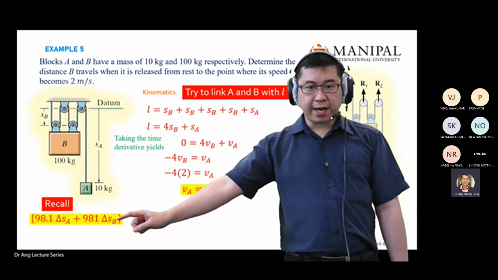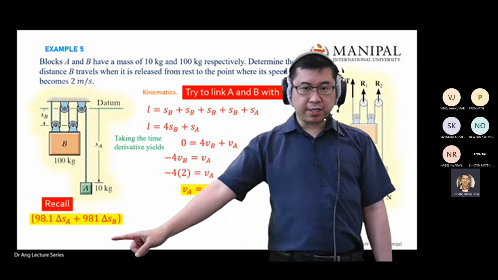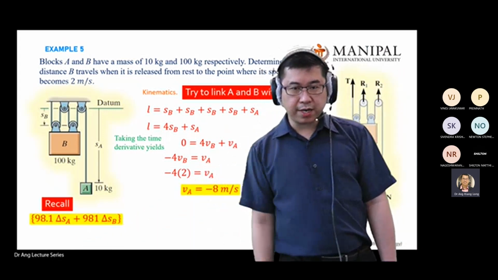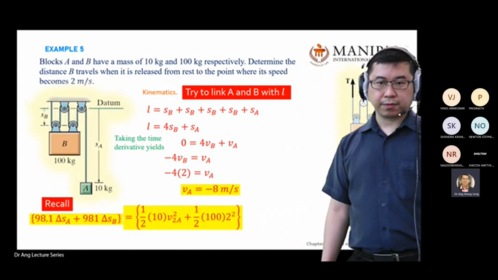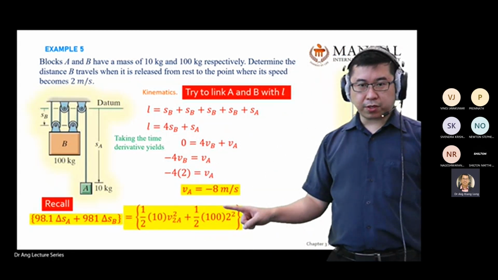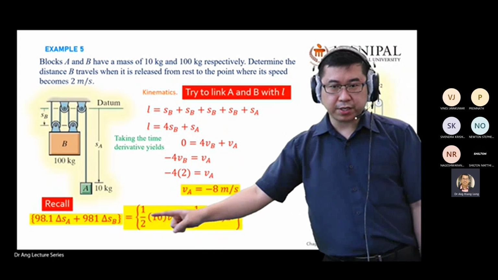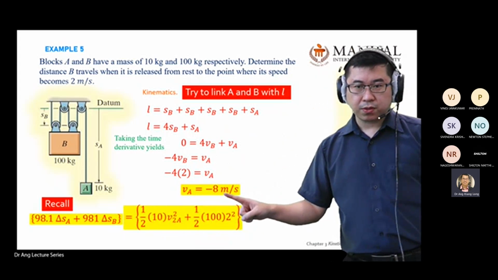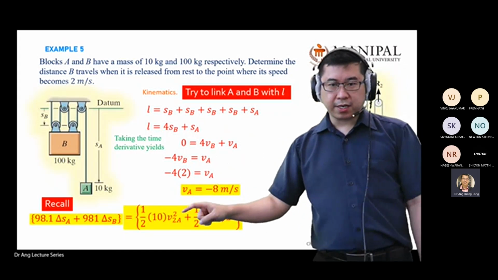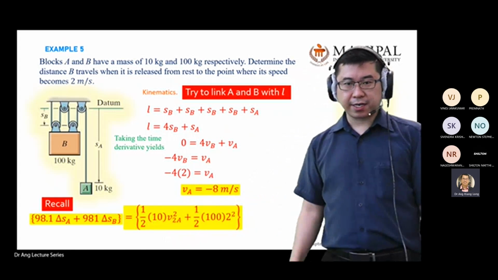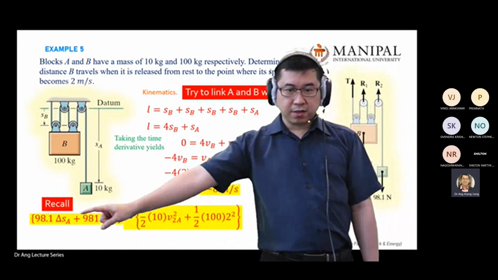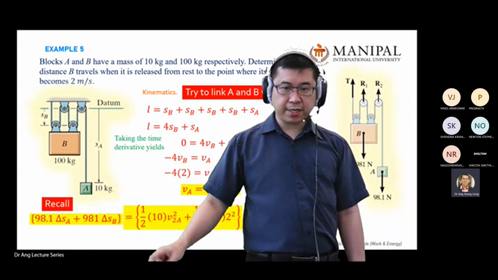Okay, so you have this equation about work, right? So substitute, this one is the equation just now. So substitute VA inside here. You basically solve this side. What is SA and SB?